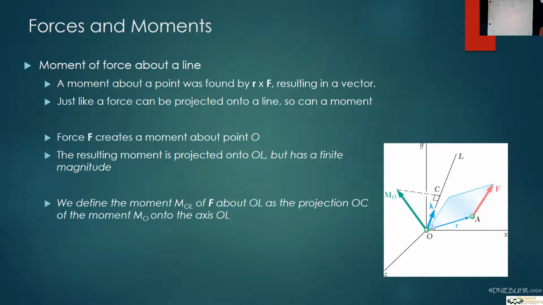Well, you saw how before we took the force and dotted it with the line's unit vector. Now we use the moment, and it works just the same, because this moment MO is a vector, but if we project it onto a line, it's going to be a scalar value.